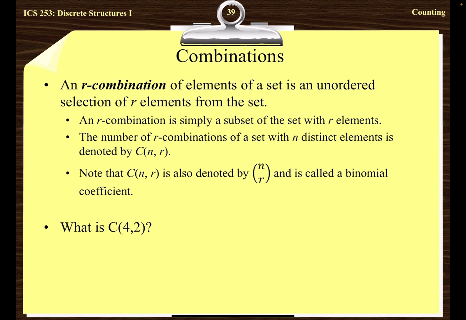Right. So now, let's see. Before I define what is the value of C(n, R), okay? Who can tell me how can I compute C(4, 2)? So C(4, 2) is basically what? The number of different subsets of size 2 from a set with 4 distinct elements, right? What is the value of C(4, 2)? What do you think?